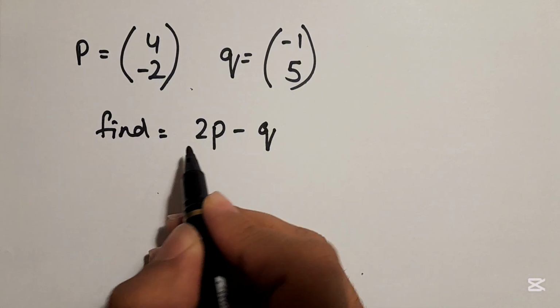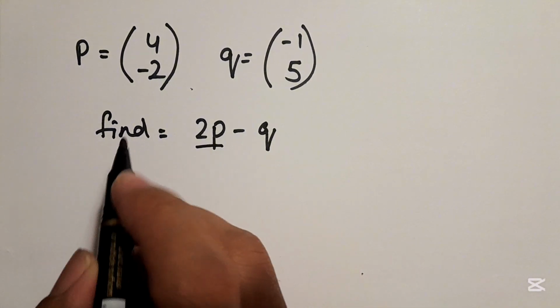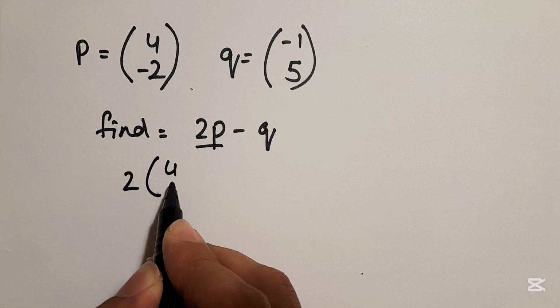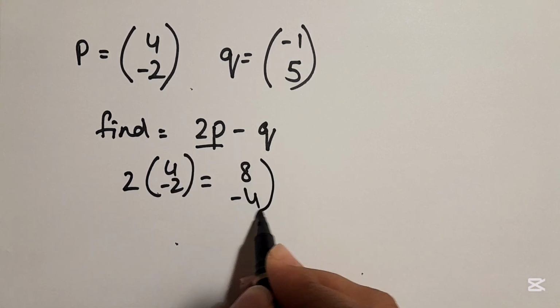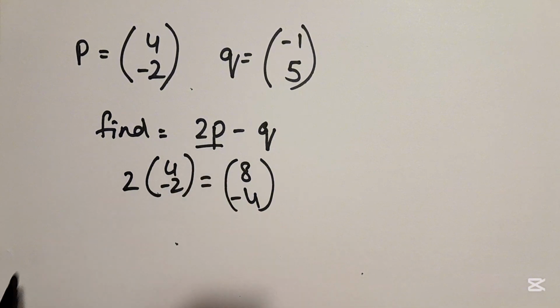So the first step is we have to multiply 2 by p, so 2 times (4, -2), which will be (8, -4). So this is the value of 2p, and then minus q.